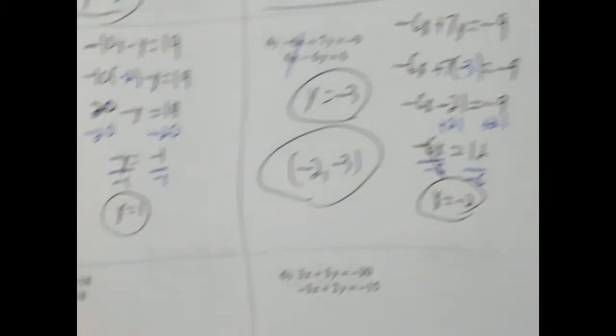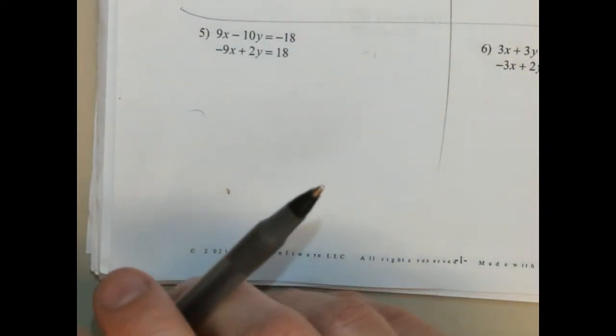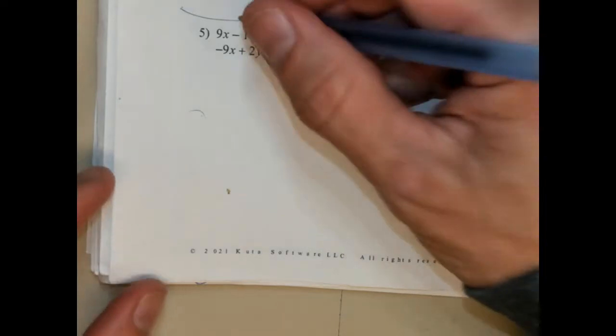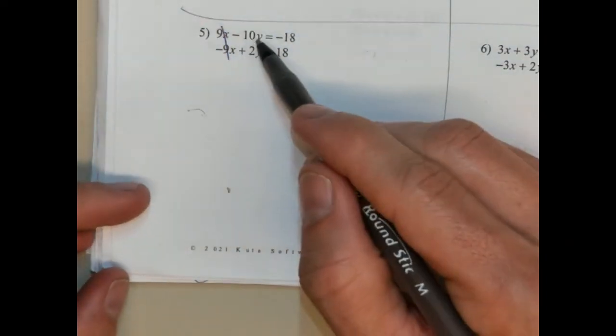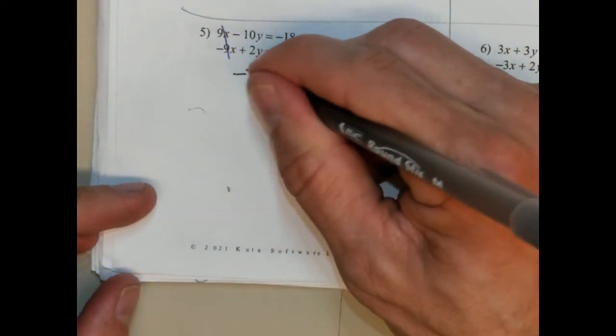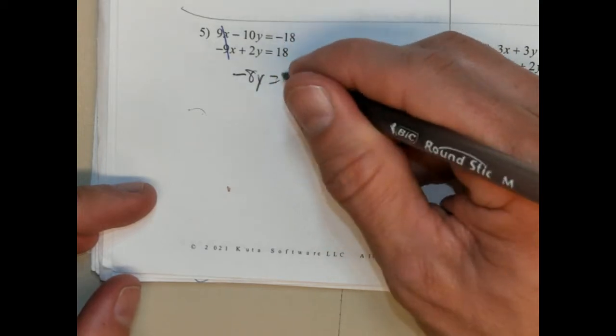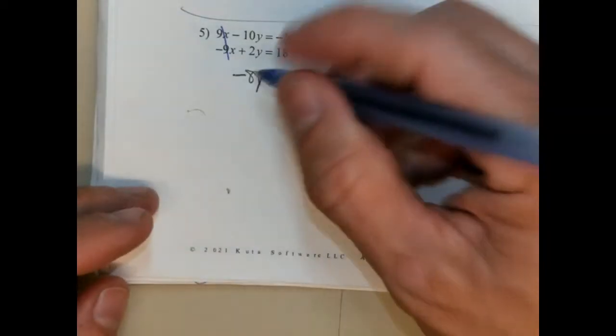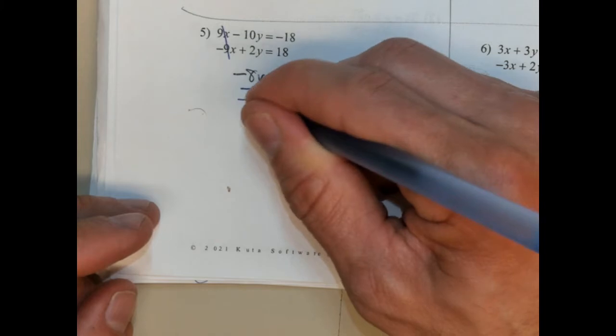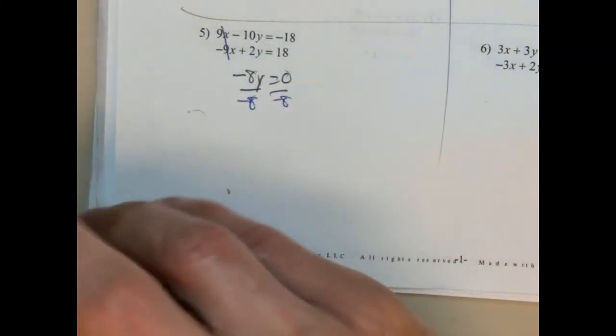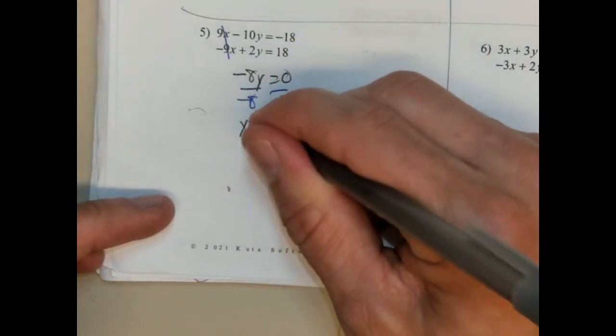All right, and let's look at 5 and 6. So let's see, the x's are going to cancel. So negative 10y plus 2y will be negative 8y. And negative 18 plus 18 is 0. So I think we know what y needs to be here. So y is going to equal 0.